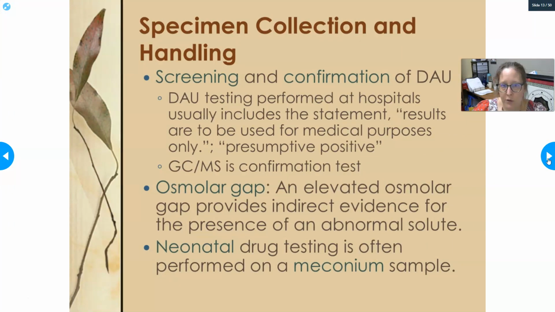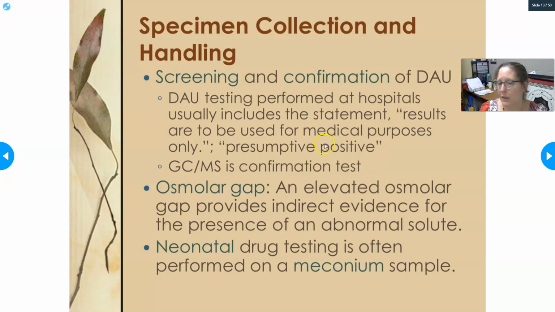We do both screening and confirmation testing for drugs of abuse. DAU is the abbreviation used for drugs of abuse testing. The ones performed at hospitals and ERs are usually just a screening test, and they often include the statement that the results are to be used for medical purposes only. They are just presumptive positives because there are things that can interfere and cause false positives in the screening test.